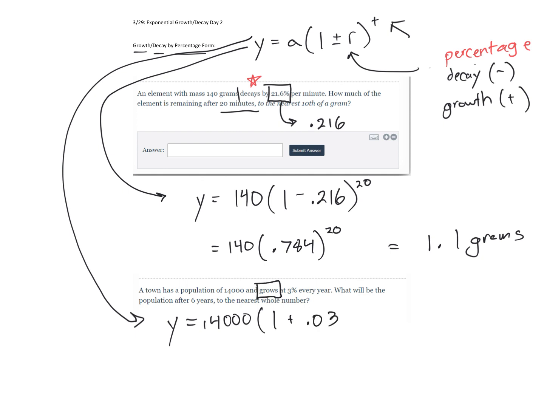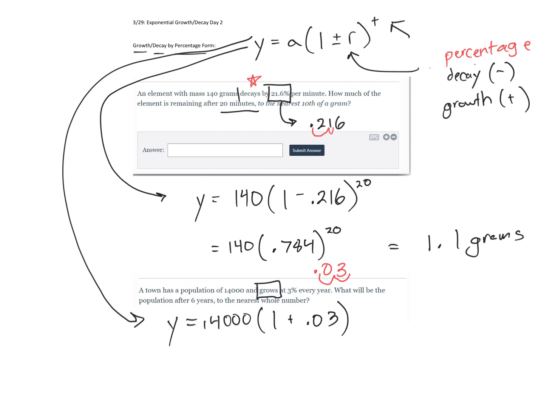Oh, because that was 21.6, so when you move it 2 decimal points to the left, it'll be 0.216. But if you got 3% and you move 2 to the left, there'll be a 0 in front of the 3. Yeah, little thing to be careful of. If you put 0.3, that means 30%. If you put 0.03, that means 3%.